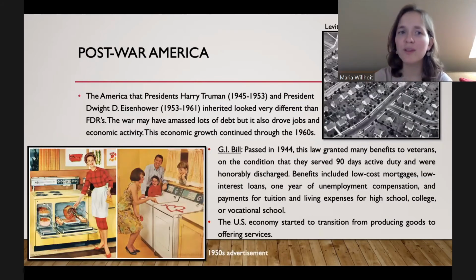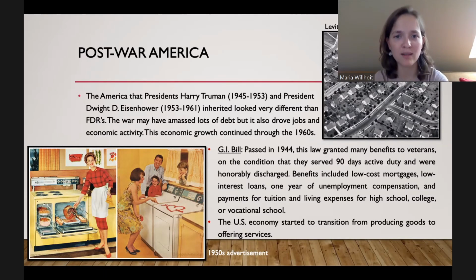And I will just briefly mention post war America. We'll go more into it next lecture because post war America is not just after the war, it's the culture of America in the 50s, 60s, 70s, 80s, even today, I would say. But immediately after World War II, America looked very different from before.